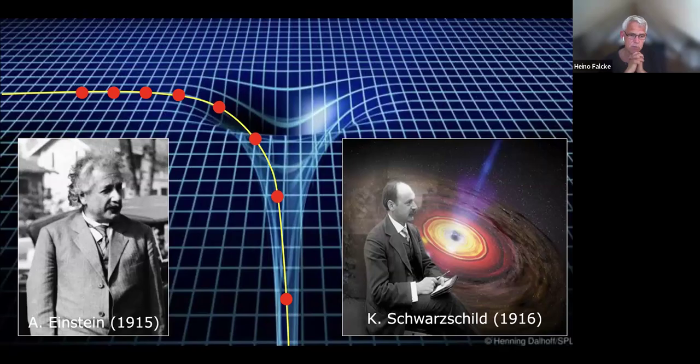He was a Jewish scientist working in the German military, and who actually died soon after that engagement. He was a brilliant mathematician and astronomer. He calculated how space would look like if you had a point mass. So all the mass of the sun, for example, condensed in a little tiny point.